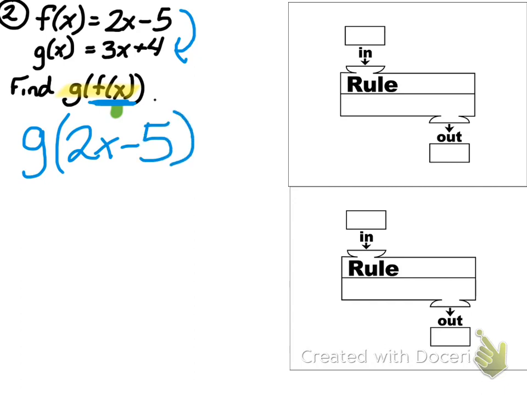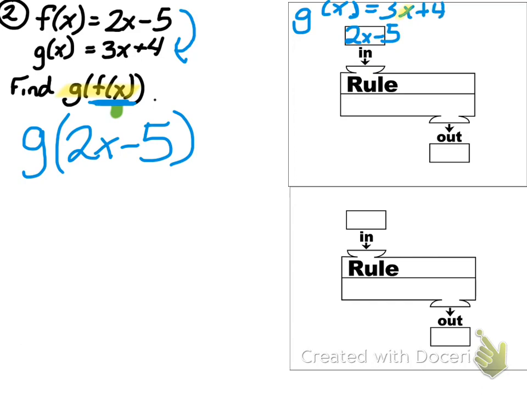And so our input is 2x minus 5. Remember that we said this x is a placeholder. In the g of x function, which is what we're solving for in here, when we're using this input, we have a placeholder: 3x plus 4.